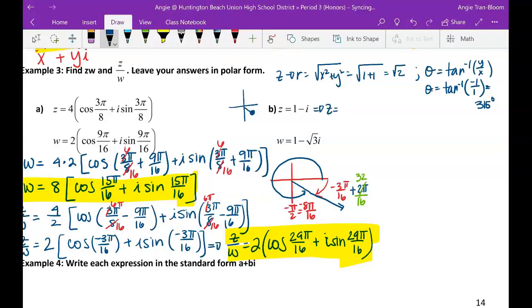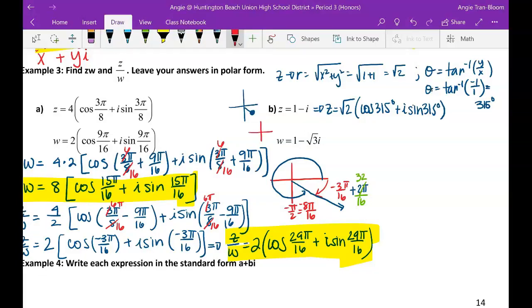So z is the square root of 2 times cosine of 315 degrees plus i times sine of 315 degrees. No, we have not done multiplication yet; we're just converting to polar. I will now try to graph out w to see what quadrant that is in.